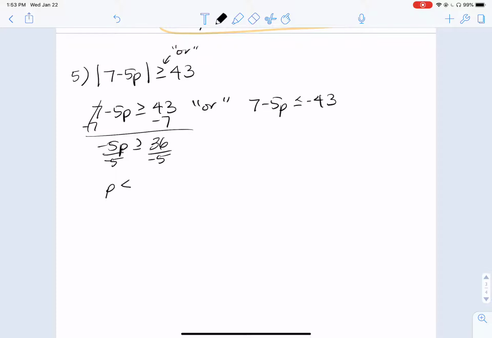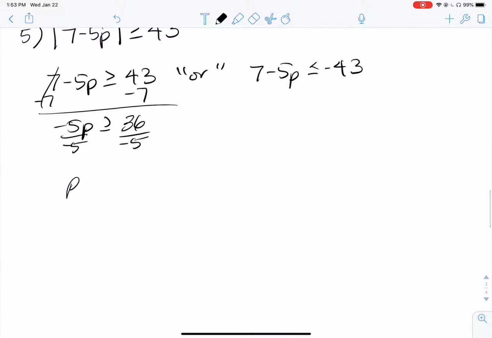Sorry about that. All right, so we now divide by -5, and the value of p is going to be less than or equal to, and again, I'm going to leave it as a fraction, not as a decimal, so -36 over 5. Okay, so we end up with that endpoint there.